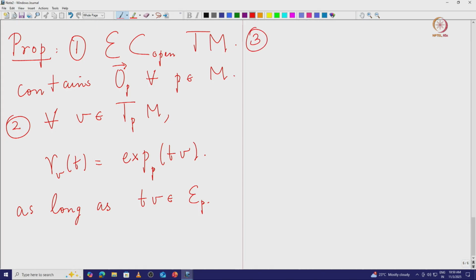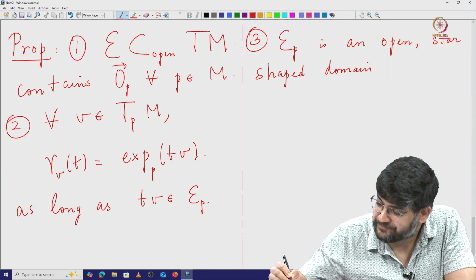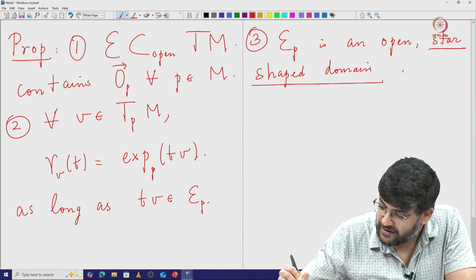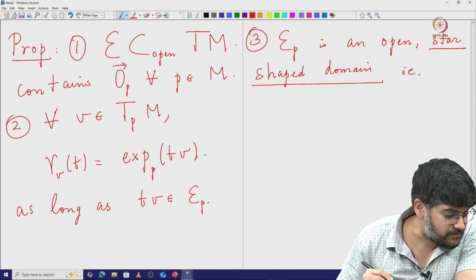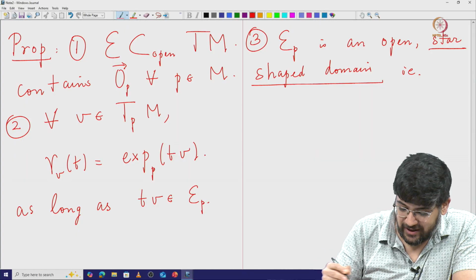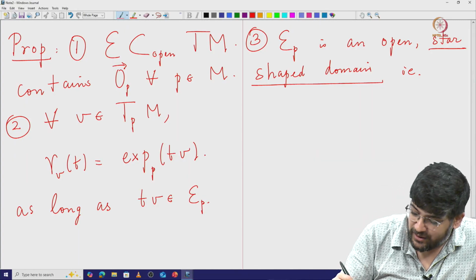And the third point is that if you localize to E_p, this is an open star shaped domain. So, what does star shaped mean? Oh sorry, I forgot one thing.